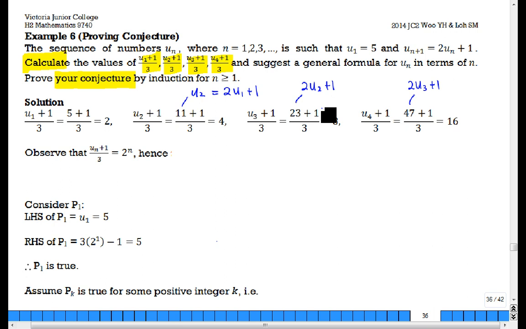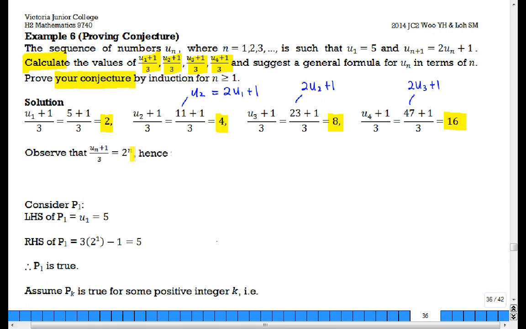So, we have found, you got 2, 4, 8, 16. Come on. Cannot tell the general formula, man? Can. So, the guess is Un plus 1 over 3 is 2 to the power n.